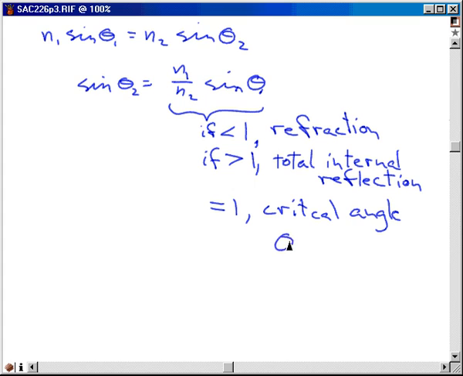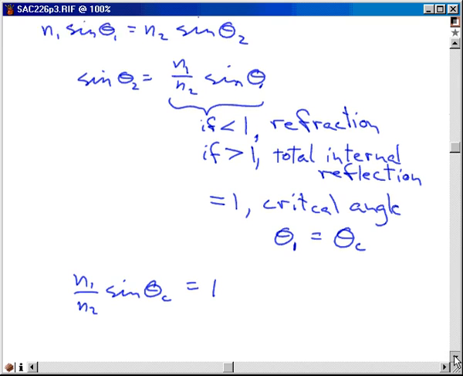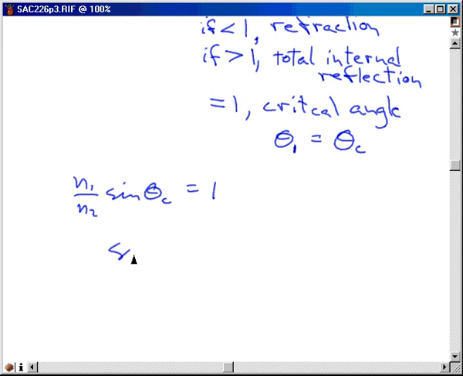As theta 1, the angle of incidence, is equal to the critical angle, this has to be equal to 1. So N1 over N2 times the sine of that critical angle, sine of theta 1 when it's at the critical angle, is 1.